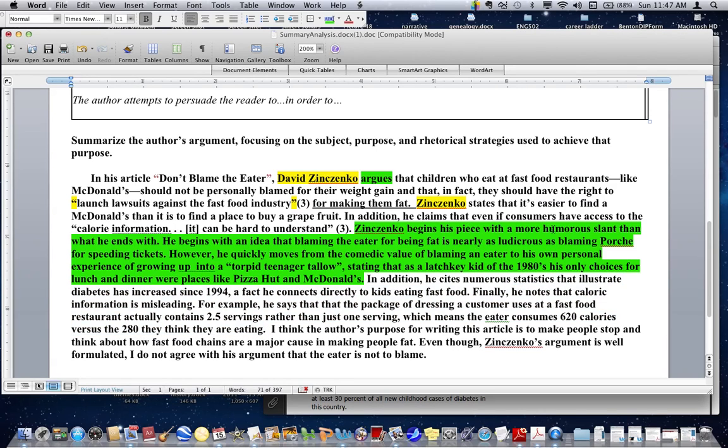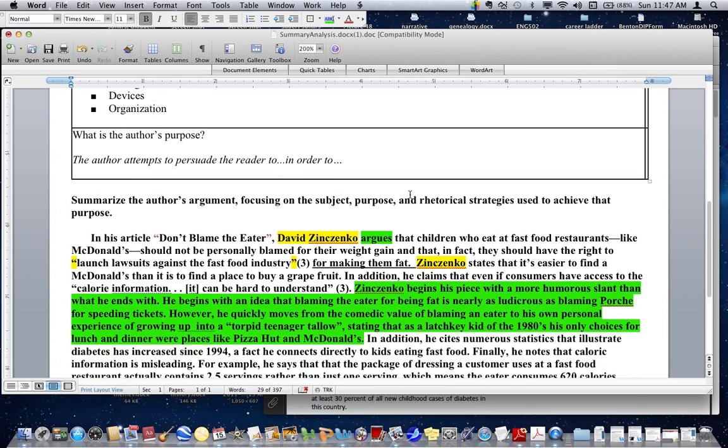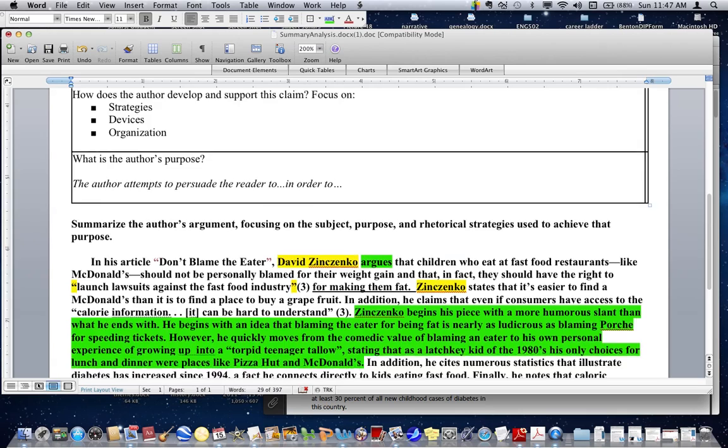He's moved from a humorous slant to his personal experience to giving statistics, and that logos, if you remember from previous classes, those statistics that support his argument. And then finally, we get to the last piece of the summary analysis. I think the author's purpose for writing this article is to make people stop and think about how fast food chains are a major cause in making people fat. That's the last piece in the summary analysis.